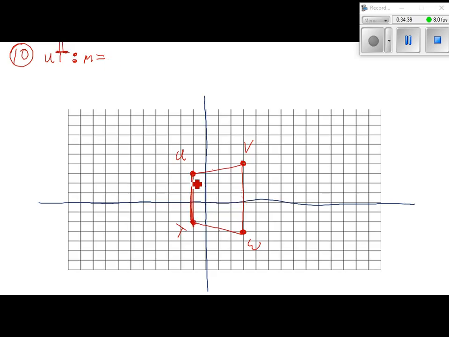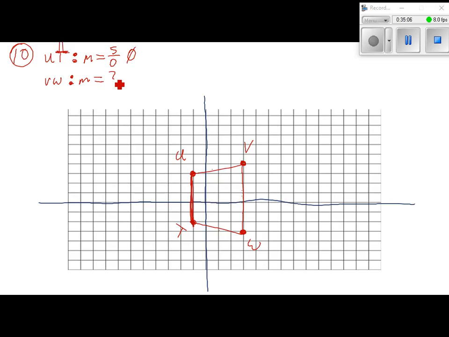Well, I noticed that my rise is 1, 2, 3, 4, 5, and my run is 0. Well, you can't divide by 0, so this one actually has no slope. I look at the other segment that should be parallel to it, VW, and I find the slope of it. The rise is 1, 2, 3, 4, 5, 6, 7, it goes up 7.